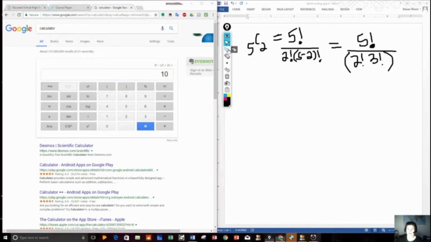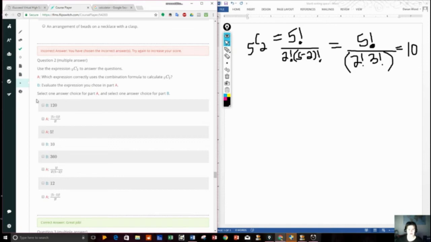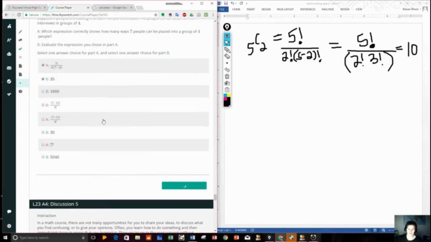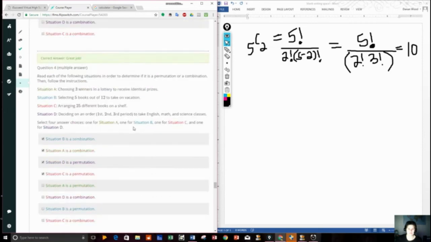Alright, and that's going to equal 10. Alright, so we're looking for just 5 factorial divided by 2 factorial times 5 minus 2 factorial. And then for B, it is 10. Submit for grading to make sure.